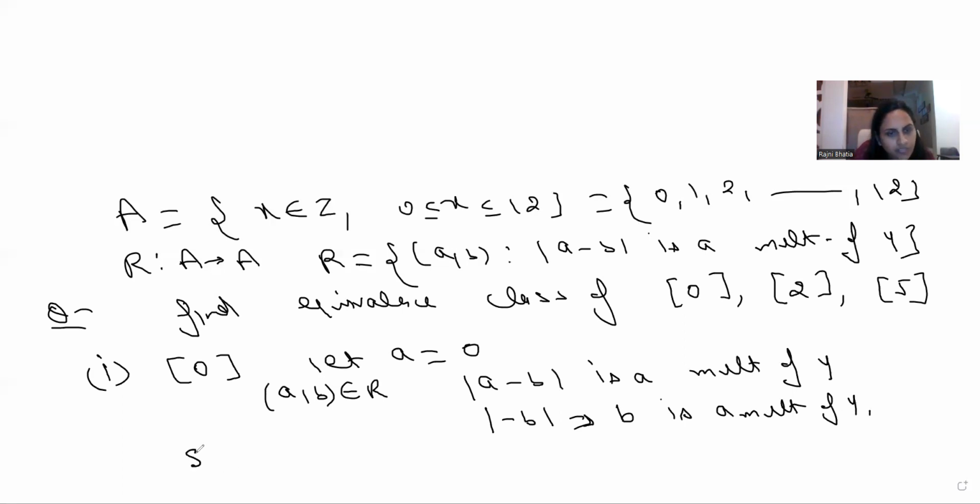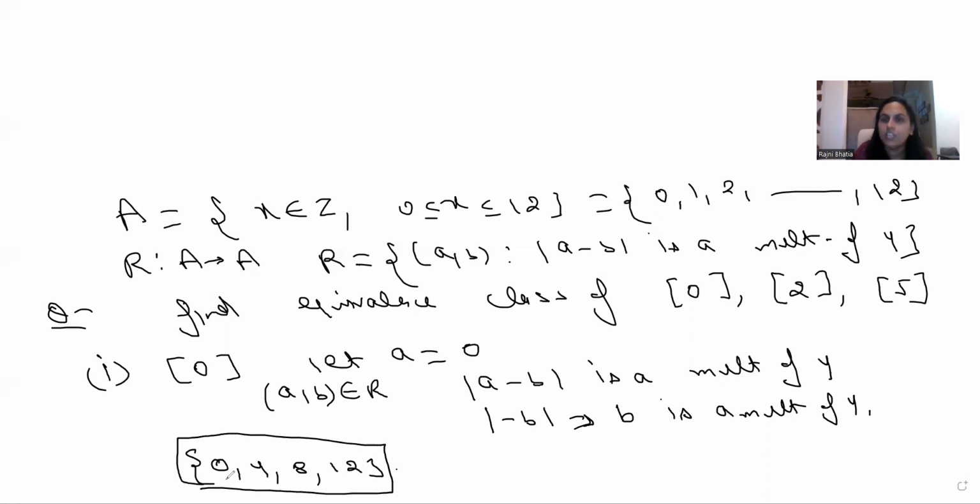So what are the possible values that B can take? Out of 0 to 12, which is the set A on which the relation is defined, what all numbers are multiples of 4? 0, 4, 8, 12. Only these numbers are multiples of 4. So I'll write these numbers. This particular set is the equivalence class of 0.